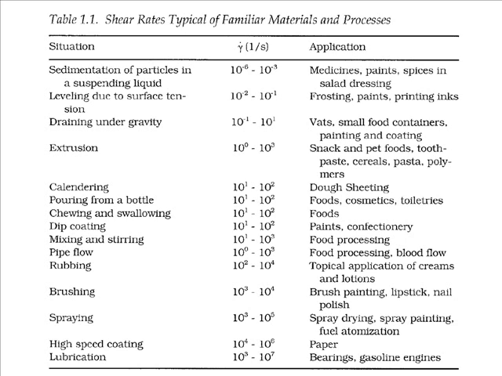So for example, if you were dough sheeting, that's calendaring. When you have rubbing, you're talking about topical application of creams and lotions. Also, if you're thinking about lubrication, you're dealing with the application of bearings, gasoline engines, those kinds of things. So each of the different processes has particular shear rates that come into play with the type of material that you're actually working with.